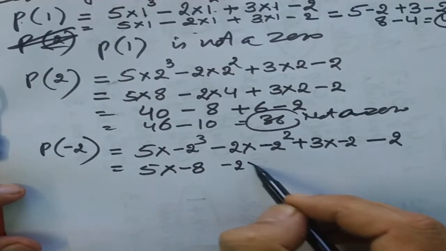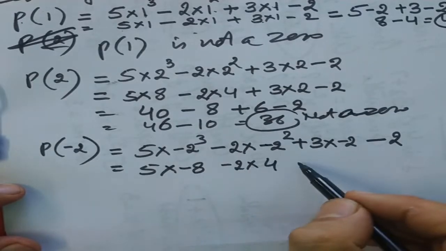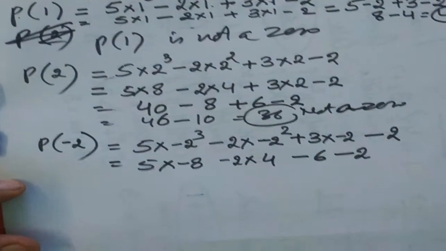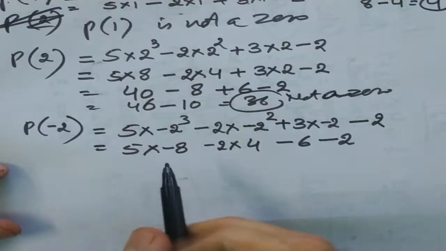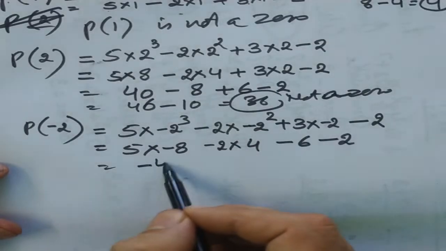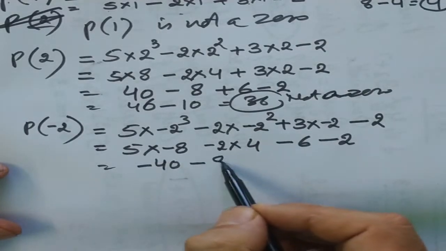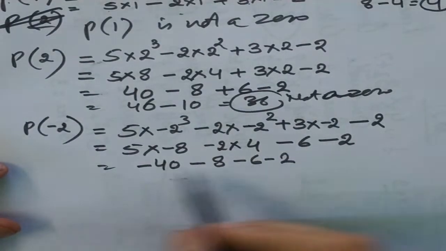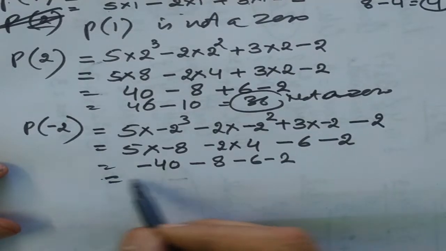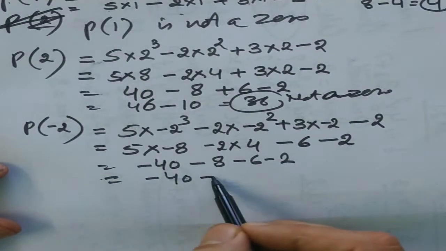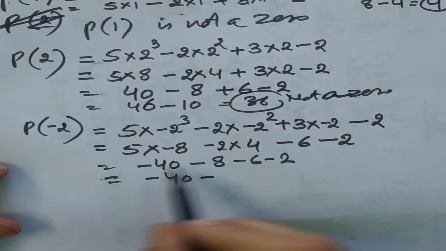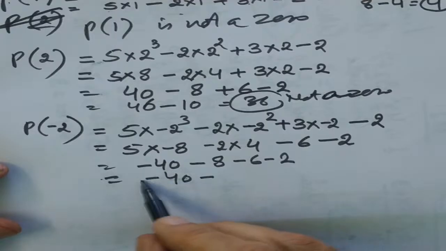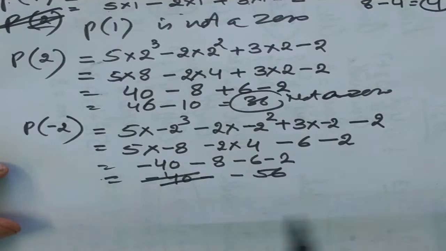Then minus 2 multiplied by 4 is minus 8, minus 6, minus 2. So 5 into 8 is minus 40. Now is the answer coming 0? Still it is not coming 0. Minus 40 and all this will be added, so the answer is minus 56.